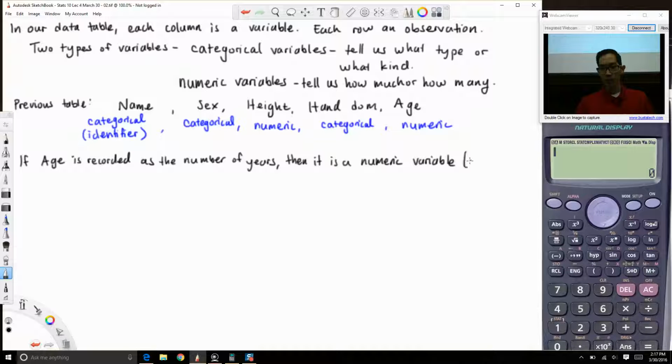So, for example, 19 or 24 or 45 years old. Okay.